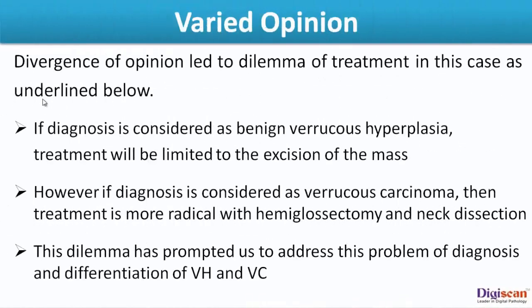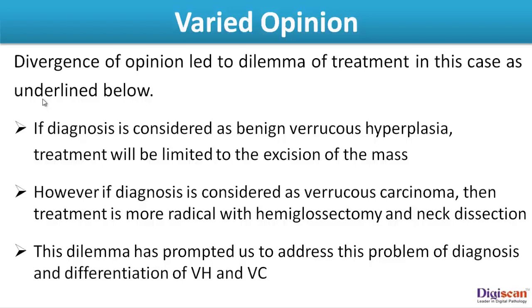Now, this divergence of opinion led to a dilemma of treatment in this case. If the diagnosis is considered as benign verrucous hyperplasia, treatment will be limited to the excision of the mass.